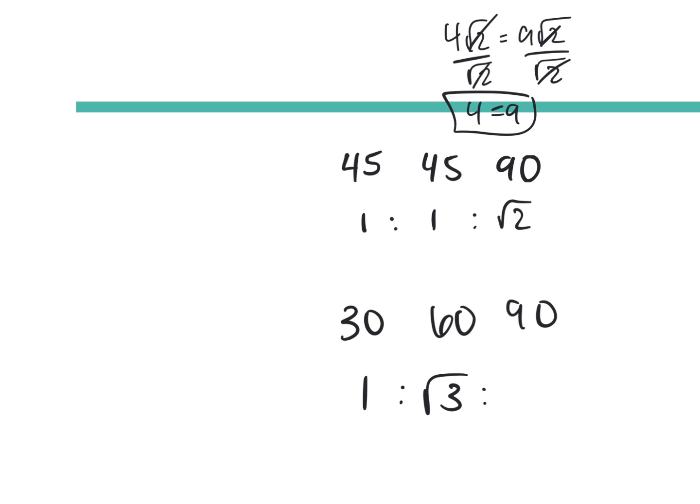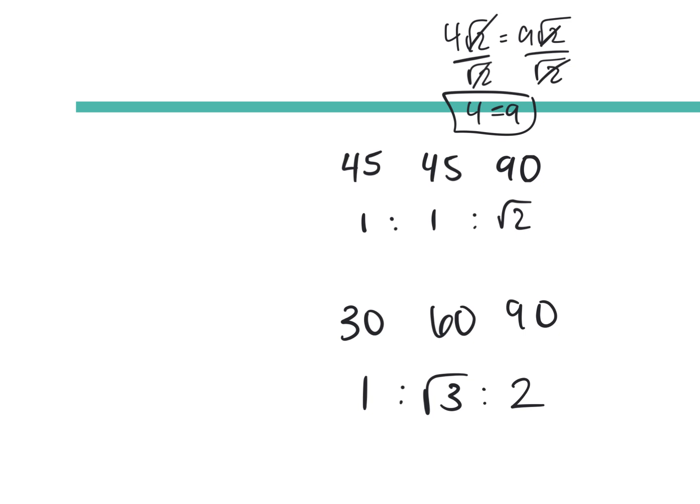Not square root of 2. 2. 2 times 1. Okay? So remember, the hypotenuse in a 30, 60, 90 is always double the length of the smallest leg. And the longer leg is always the square root of 3 times as large as the smaller leg.